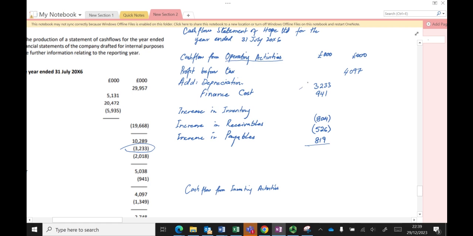Now adding 3,233 and 941, minus 804, minus 526, plus 819 is equal to 3,663, and that is cash flow from operating activities.